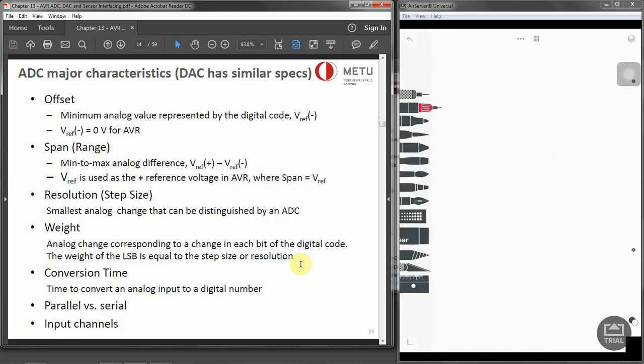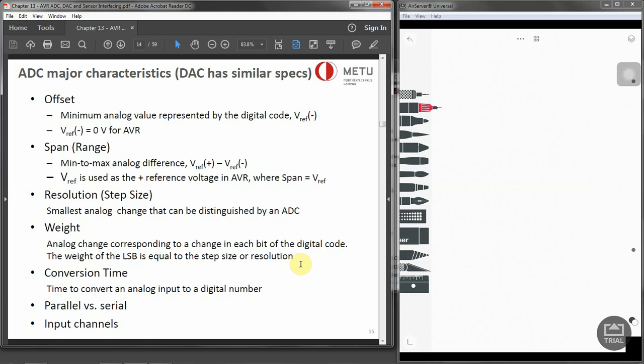The conversion time, how long it takes to convert from analog to digital, is also important. The conversion time is dictated by the clock source connected to the analog to digital converter, in addition to the method used for the data conversion and the technology used in the fabrication of the ADC chip. So there are various things affecting the conversion time.